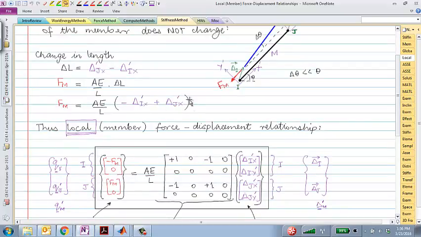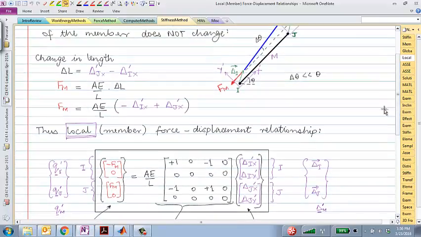And simply by using this equation, we expressed those forces at nodes I and J in terms of the displacements at node I and J. So as I pointed out, only the x prime displacements affect. So we had +1, -1, -1, +1, and the rest of the two rows are 0. So essentially we have 4 equations here that are describing the forces at node I and node J in the x prime and the y prime directions.